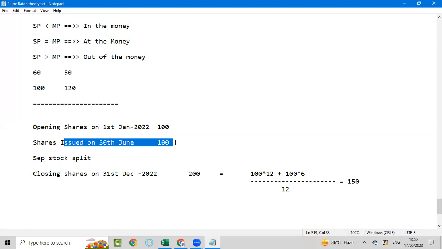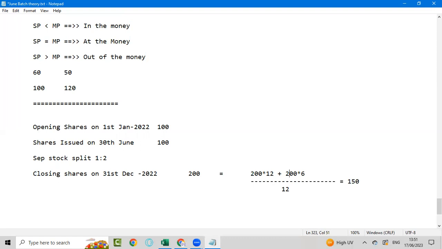I'm considering them as shares issued against something else, but not as bonus shares. So stock split has been done in 1:2 ratio. So these shares will be 200 and these shares will also be 200. So instead of taking it as 100, I'll multiply with 200 and this also with 200.